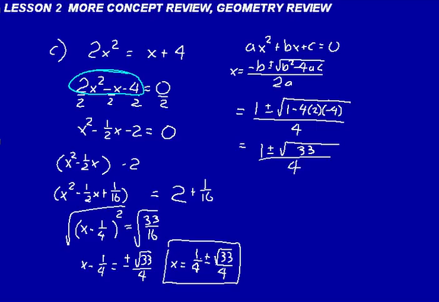So that is the same answer that we had before. It's just broken up into that rational part, 1/4, plus or minus the irrational part. You know, that square root of 33 is an irrational number. So usually that's how we write the answers or the roots to these problems. Because a lot of times we end up with a negative number under the square root sign, and that means that's a complex number.